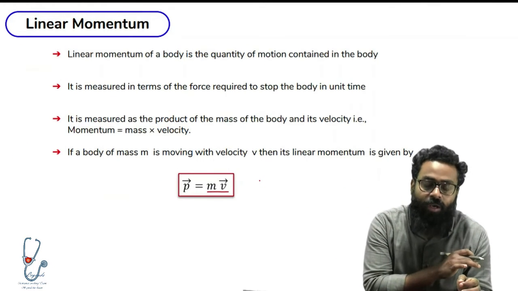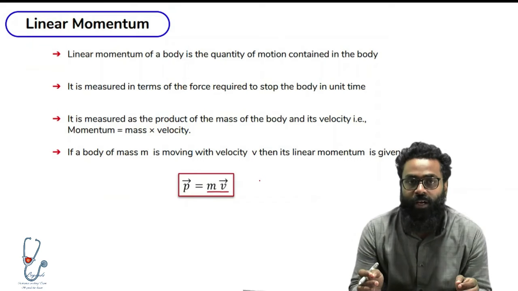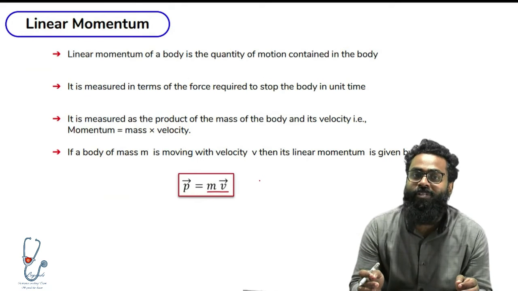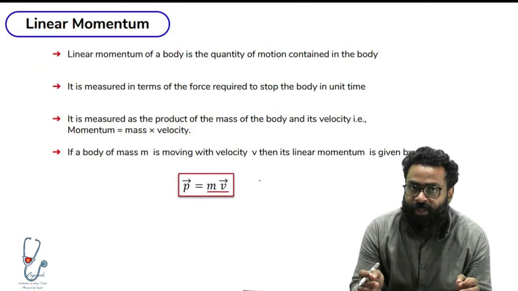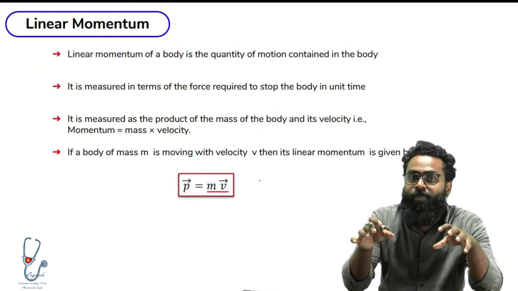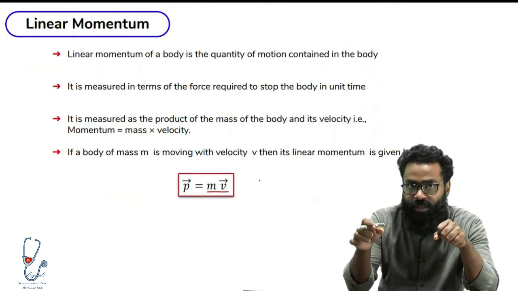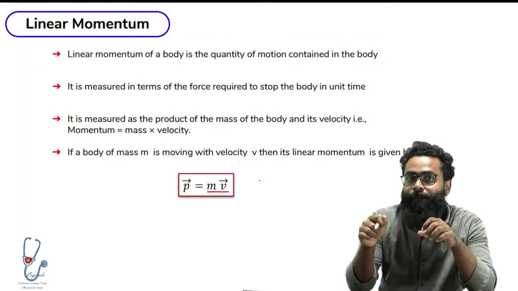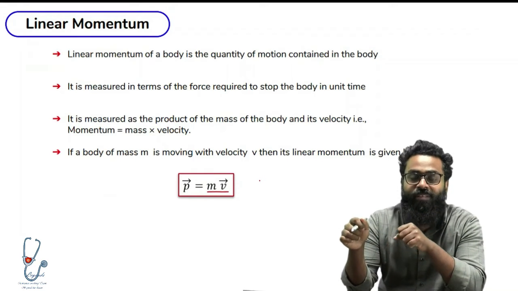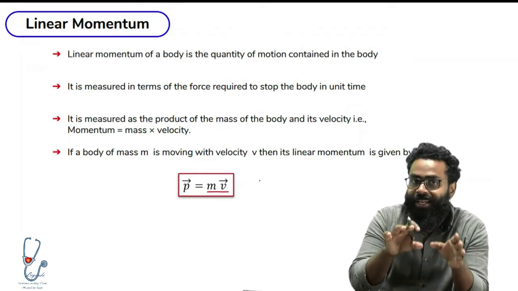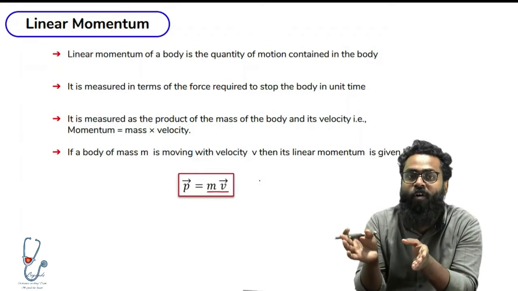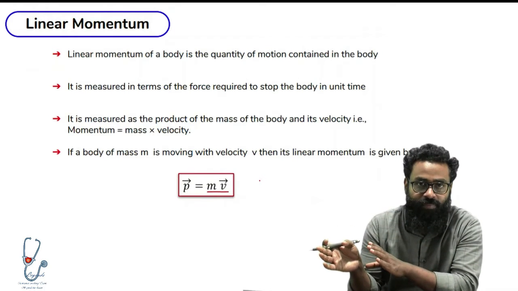We are moving on. The next one is linear momentum. Linear momentum is a property, a characteristic of the motion of an object. It is described by P equals mv, which means the linear momentum is the product of mass and velocity.